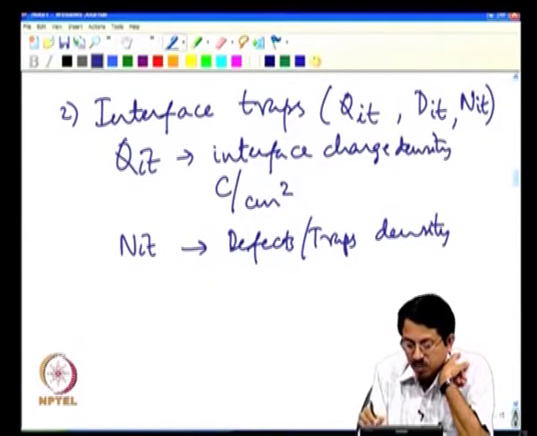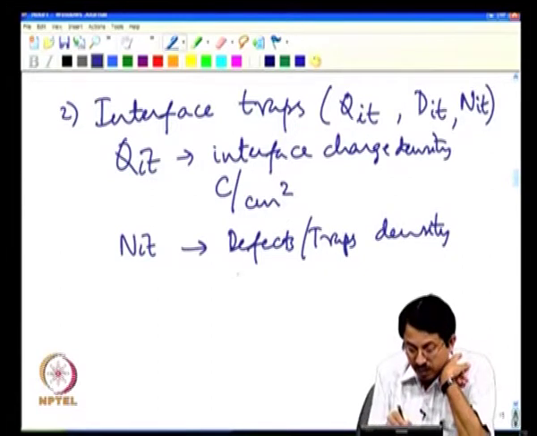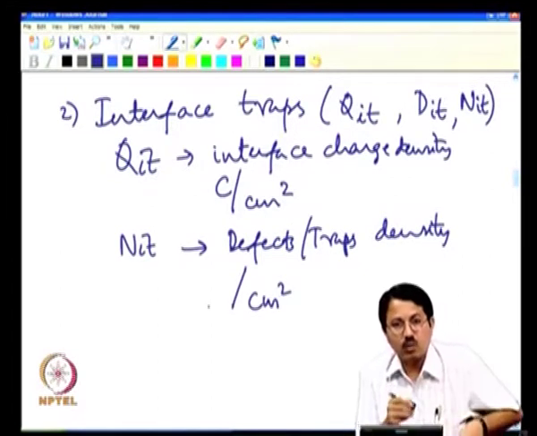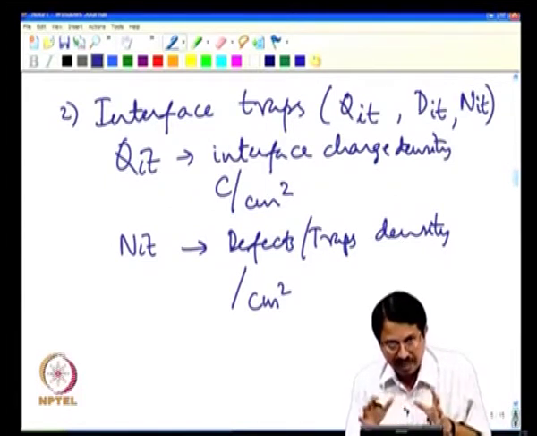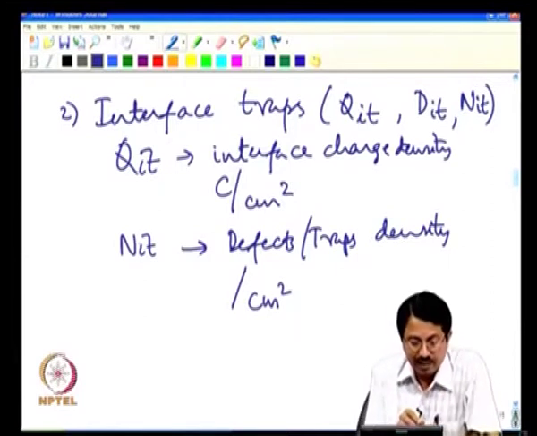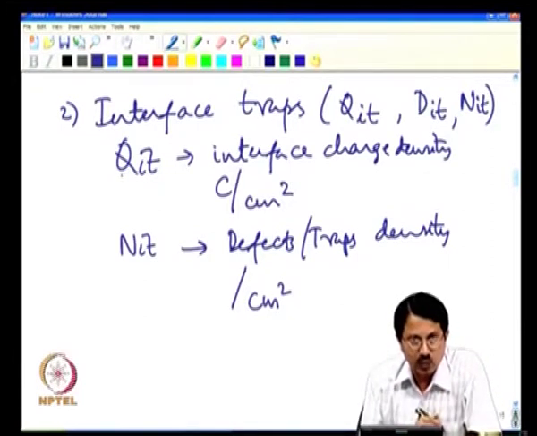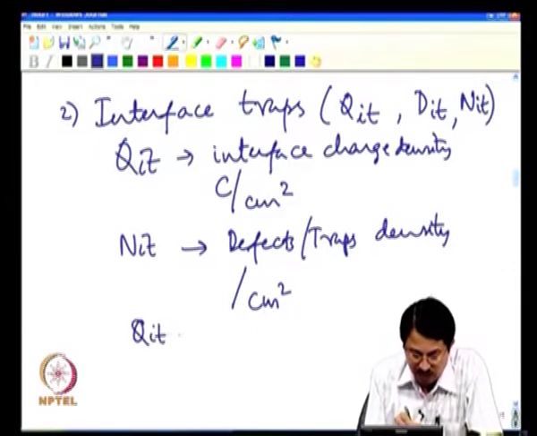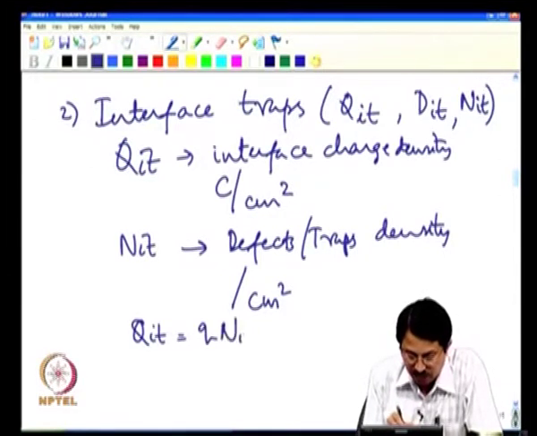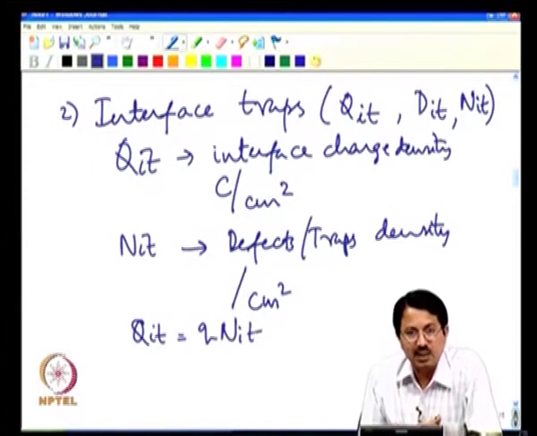That is why it is per centimeter square. Here it is number per centimeter square. So many 10 power 12 traps per centimeter square. So, there is no charge here, you multiply NIT with Q, you get QIT. So, QIT is Q times NIT, you are converting it into charge.